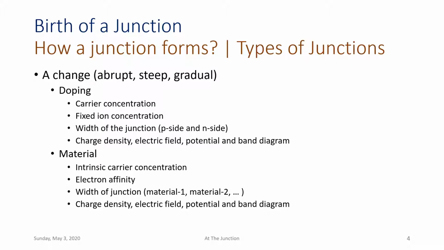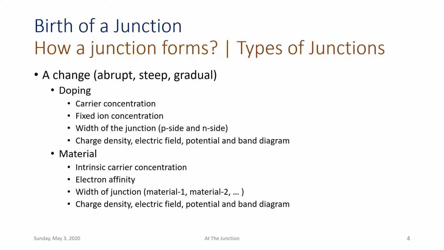So as the carriers flow at the center of the semiconductor, we would have a region where the carriers cross over. And when that happens, it leads to fixed ions, and it is depleted of the mobile carriers. This depletion region forms the width of the junction.